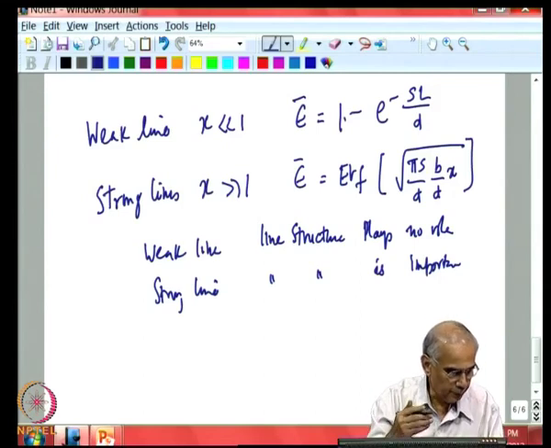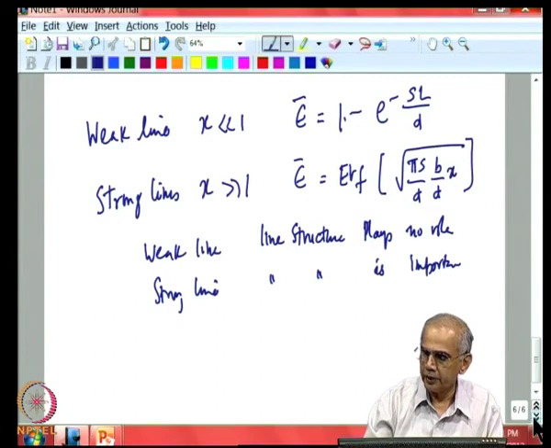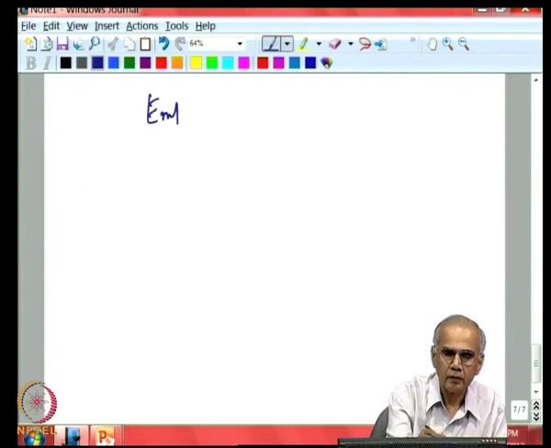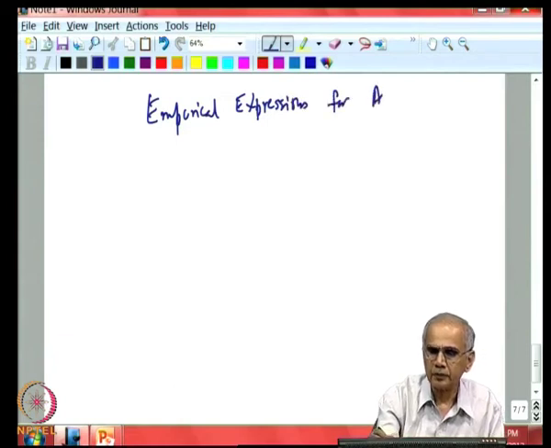But if you do a more complicated analysis and look at the conditions of various situations, let us now look at empirical fits. So, empirical expressions for absorptance.